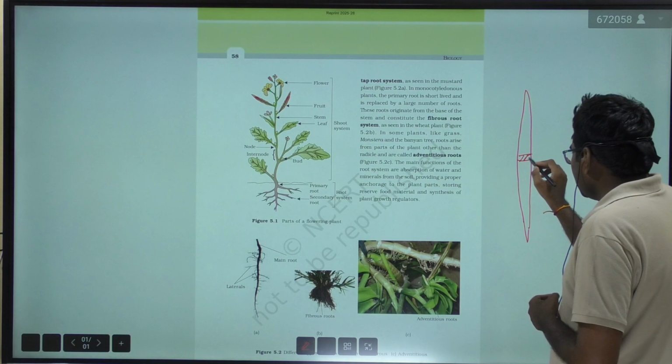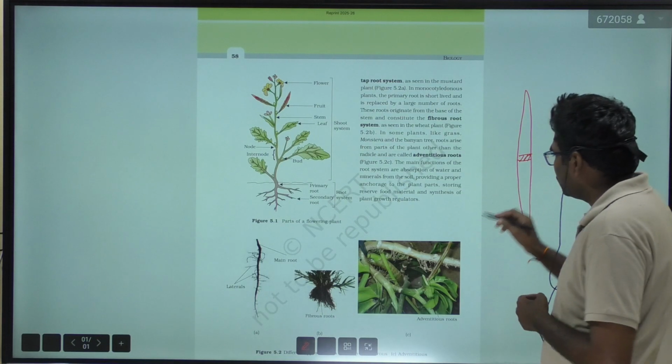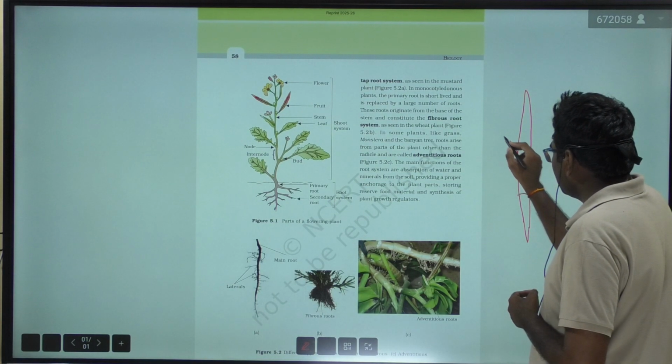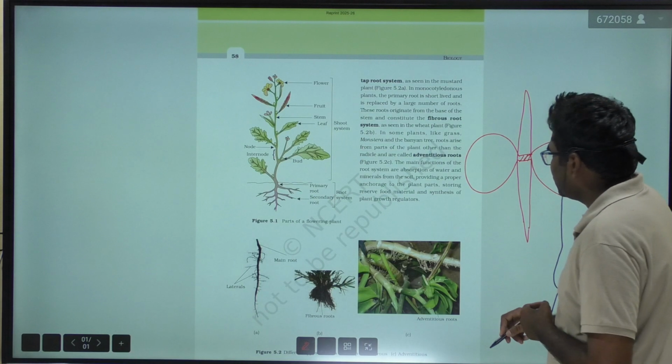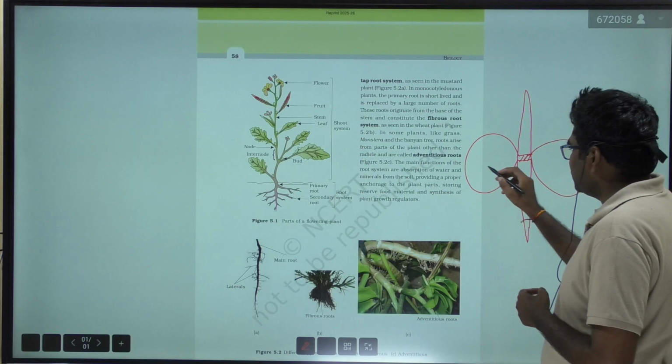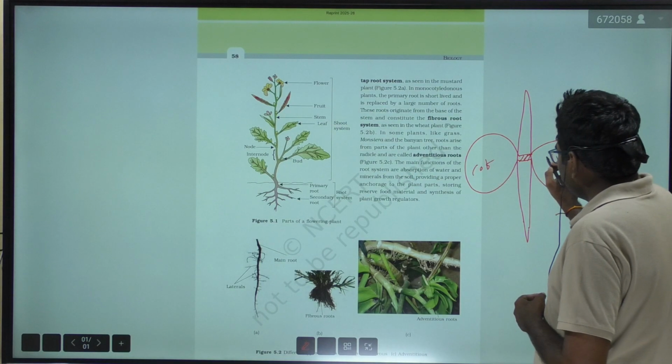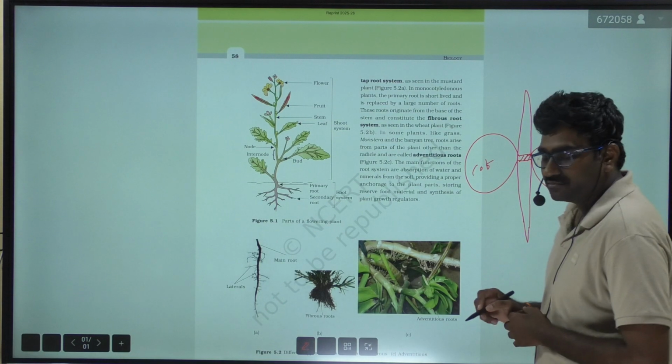It is also known as the cotyledonary node. Cotyledons are attached here. This is a cotyledon and this is a cotyledon.